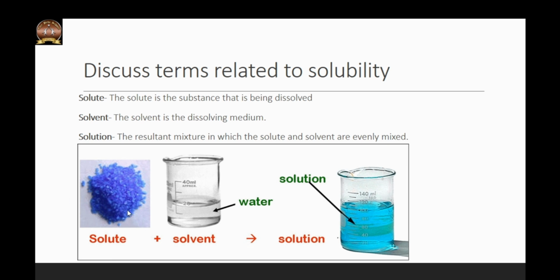Therefore, the blue colored copper sulfate crystals are the solute in this case. The solvent that is used over here is water. So the solvent is the dissolving medium that is used to form a solution. Therefore, if you mix salt in water, salt is the solute, water is the solvent, and the solution is the salty water that you get.